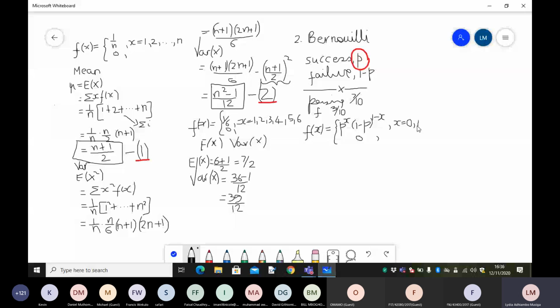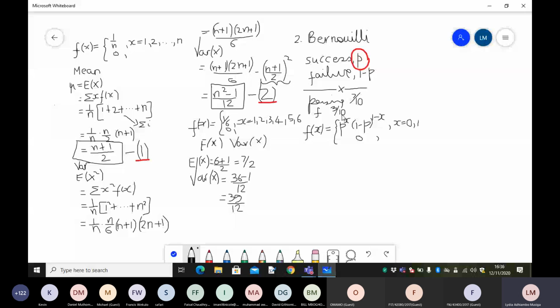So if you are interested in the proportion who pass an exam, then you can set 1 to be for those who pass the exam, and you can set 0 to be for those who fail the exam. There are only 2 outcomes.